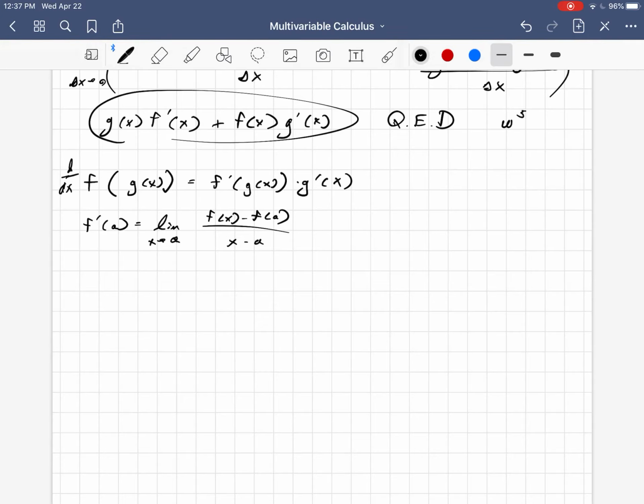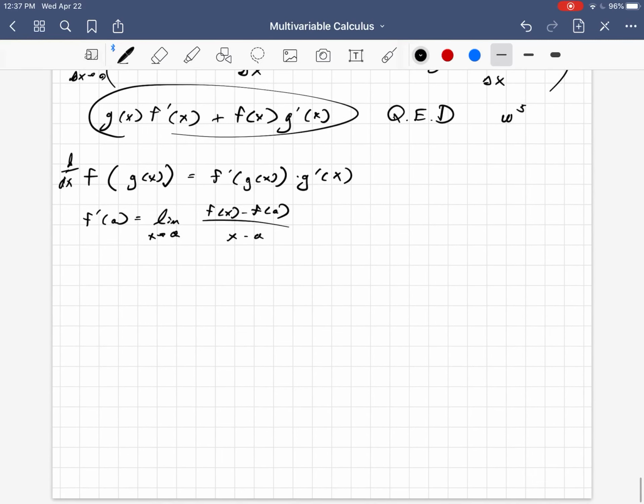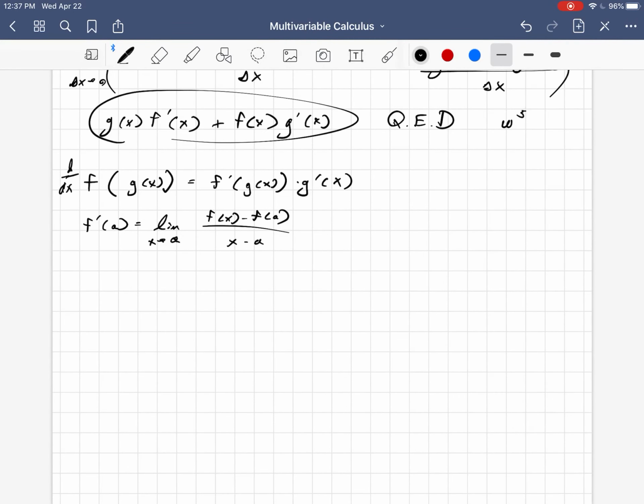You're still just basically taking the slope formula and letting the 2 points at x and at a come together. And so then the secant line that goes through those 2 points as the 2 points come together will approach the tangent line. It's the same definition of the derivative.